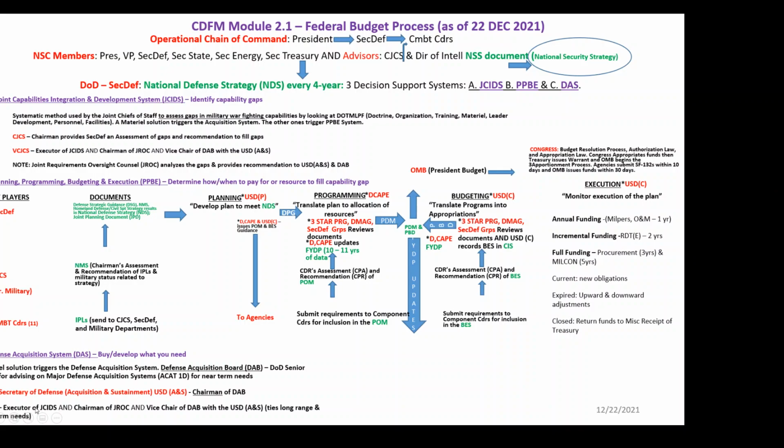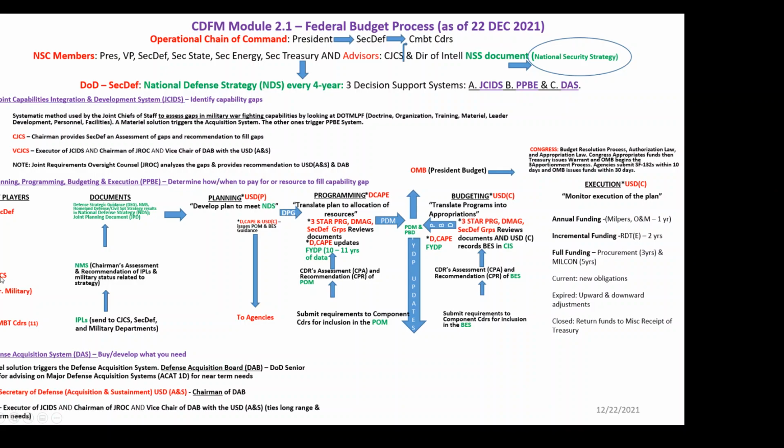He sits on this board also, because this is how they tie long-range requirements to near-term needs. So we got to be able to still do our jobs today, but we still need a plan for long-term. So he overlaps. The vice chairman sits on JCIDS, and he sits on the Defense Acquisition System.